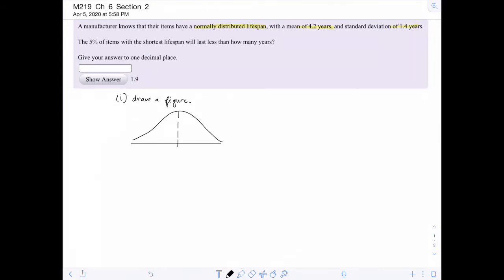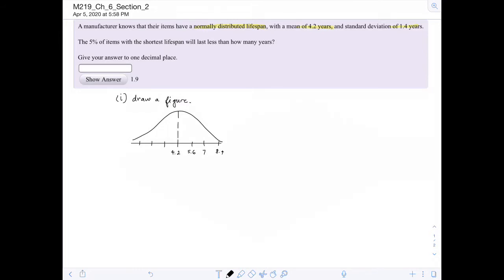The highest peak of the curve is the mean, which is 4.2. Let me add and subtract the standard deviation, 3 to the left and 3 to the right. If I go to the right, I'm going to have 5.6, 7, and then 8.4.